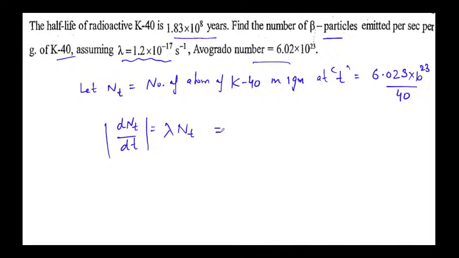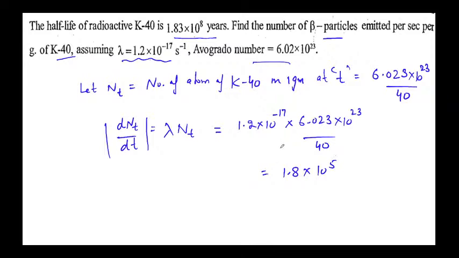So putting these values, lambda, that is 1.2 into 10 to the power minus 17, Nt, whose value is 6.023 into 10 to the power 23 over 40, so that is equal to 1.8 into 10 to the power 5.